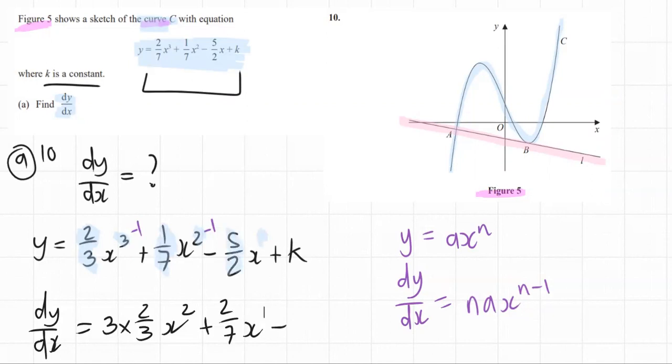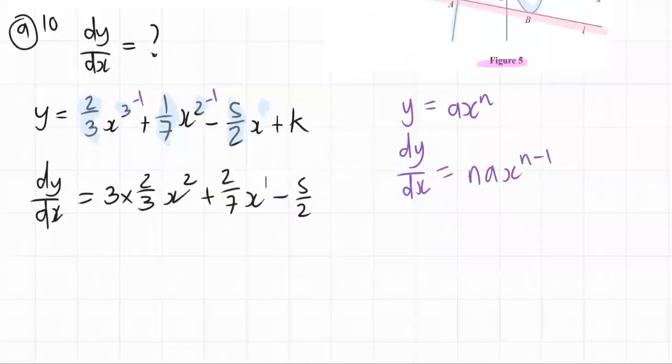This will bring down the negative, 5 over 2 x to the power of 1 minus 1, which is 0. So actually, we don't have any x's there because x to the power of 0 is 1. And the k is the constant term. It drops away in the first derivative. Let's make that look a little bit prettier. And then part a is done.